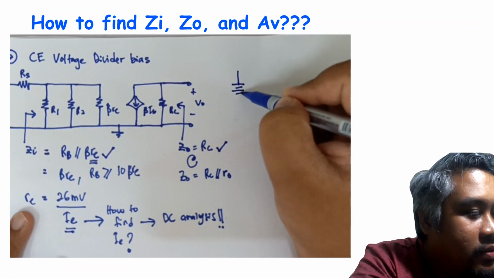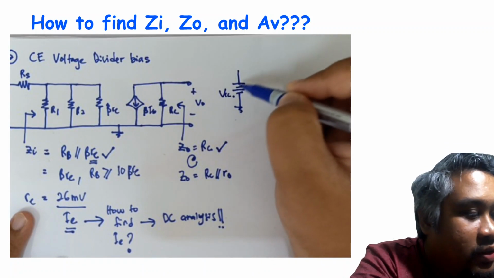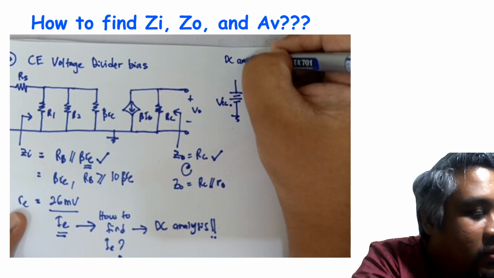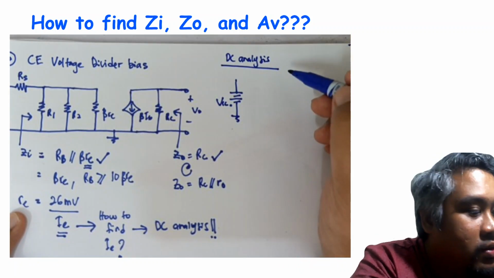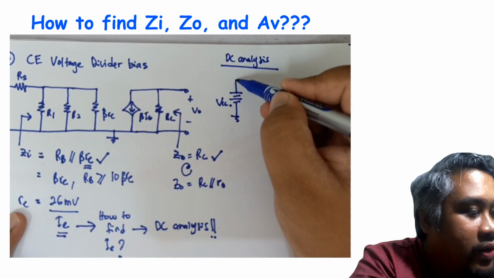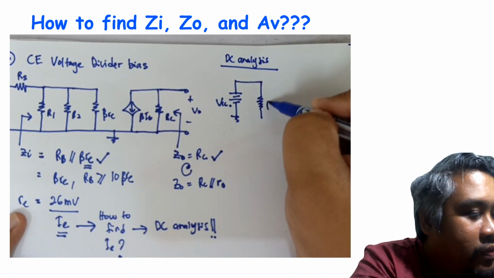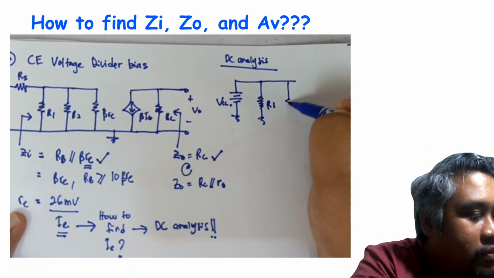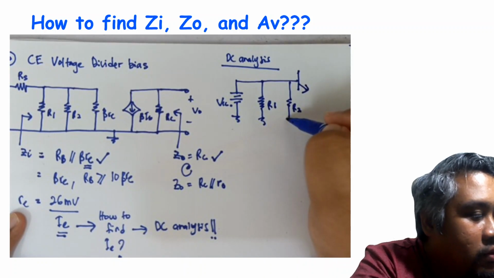I draw first. We have VCC here. This one is DC analysis. We have VCC, and then R1, and R2, and here ground.